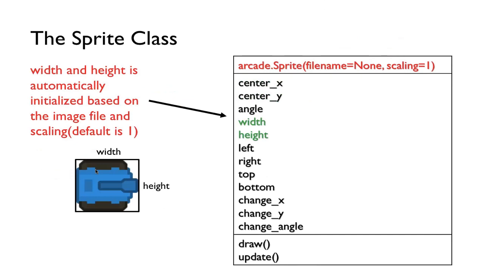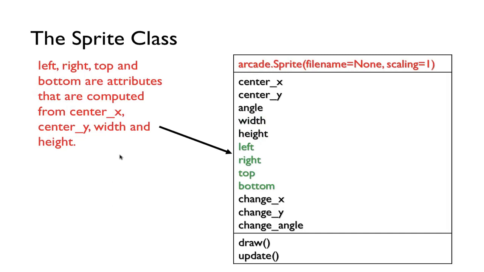The width and height are automatically initialized based on the image file and the scaling that we specify. It looks at the image file and sees the dimension, then scales it, and then initializes width and height. So for example, here's an image, the width and the height. We'll be using this in our example a little bit later. The width and the height are these dimensions.